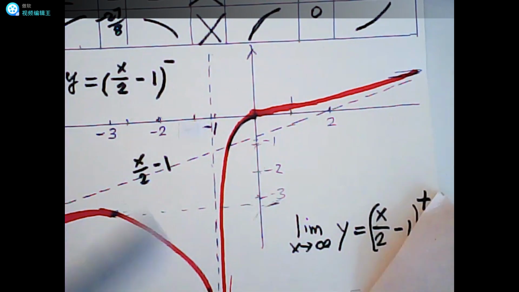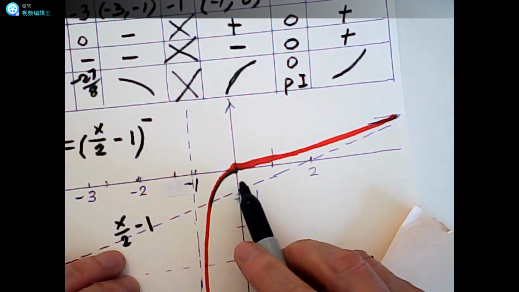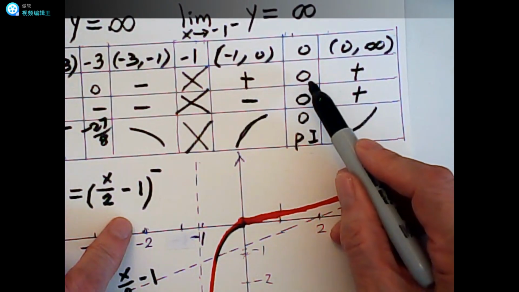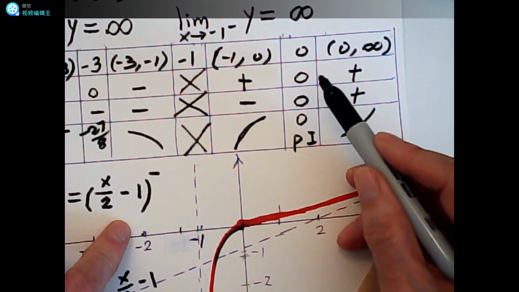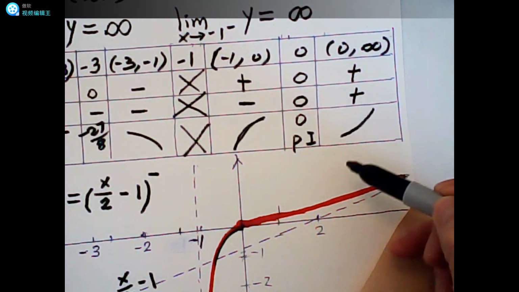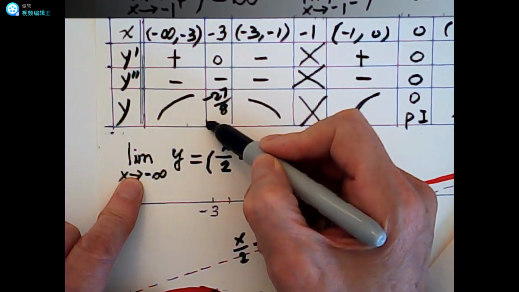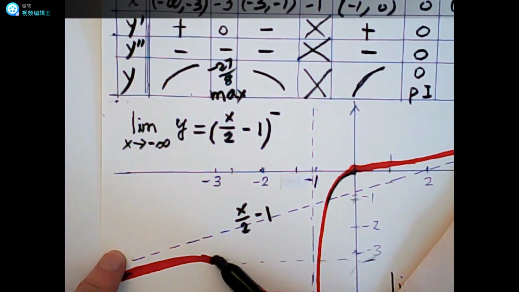So this is obviously a point of inflection, although the first derivative is 0. First derivative 0 does not guarantee a maximum or minimum. But here, it's a point of inflection rather, and this point is a maximum.